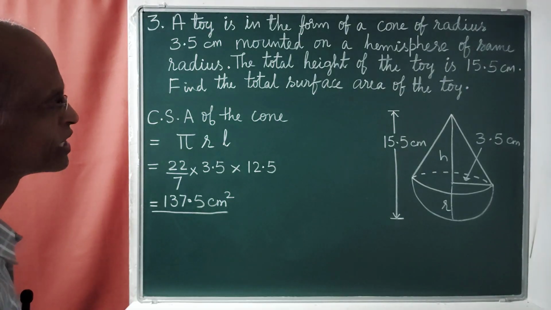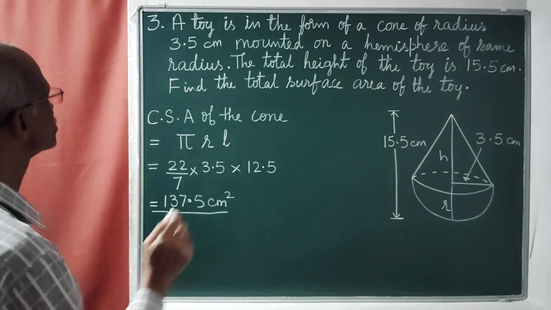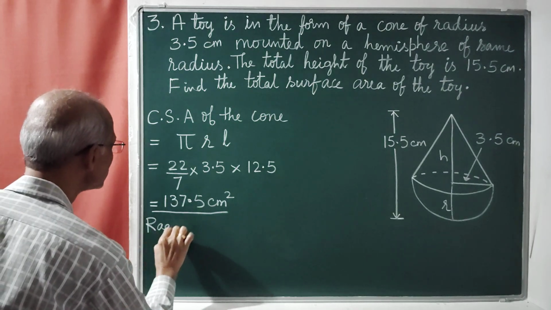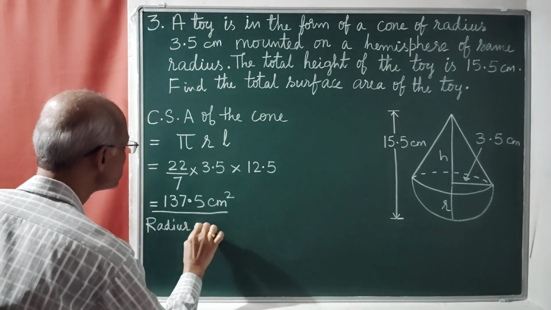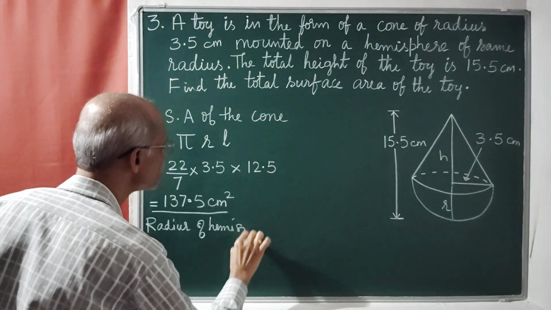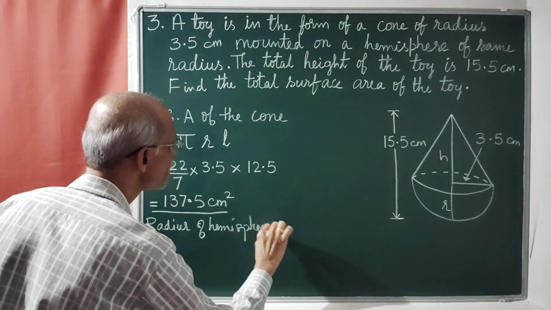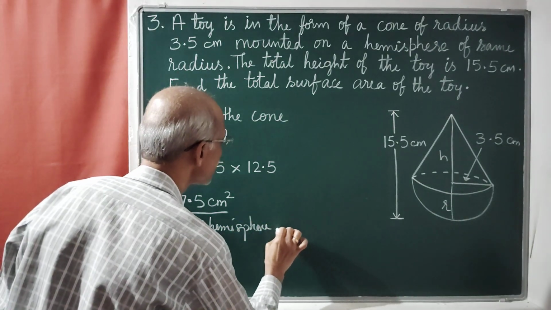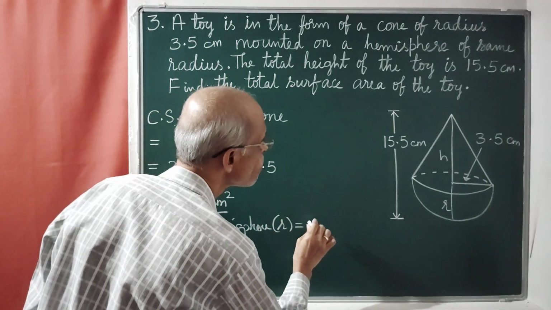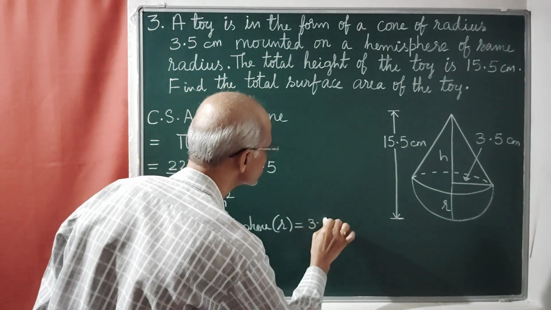Now we have to find out the CSA of the hemisphere. So radius of hemisphere R equal to 3.5 centimeters.